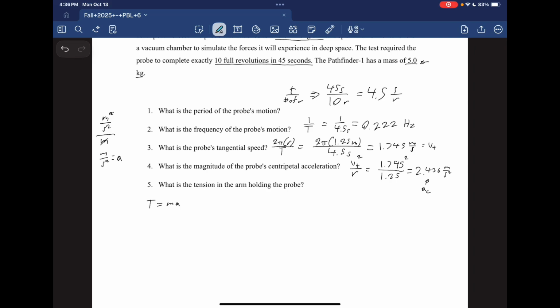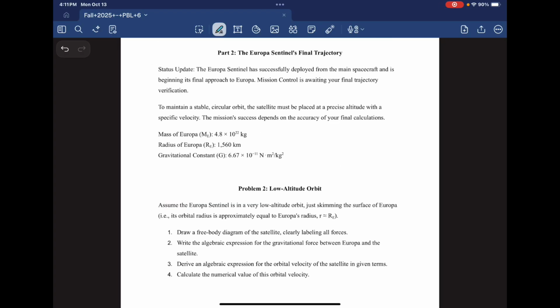So tension is mass times acceleration. The mass is 5 kilograms. The acceleration is 2.436 meters per second squared. If you plug them both into the calculator, you get that the tension is 12.18 newtons.